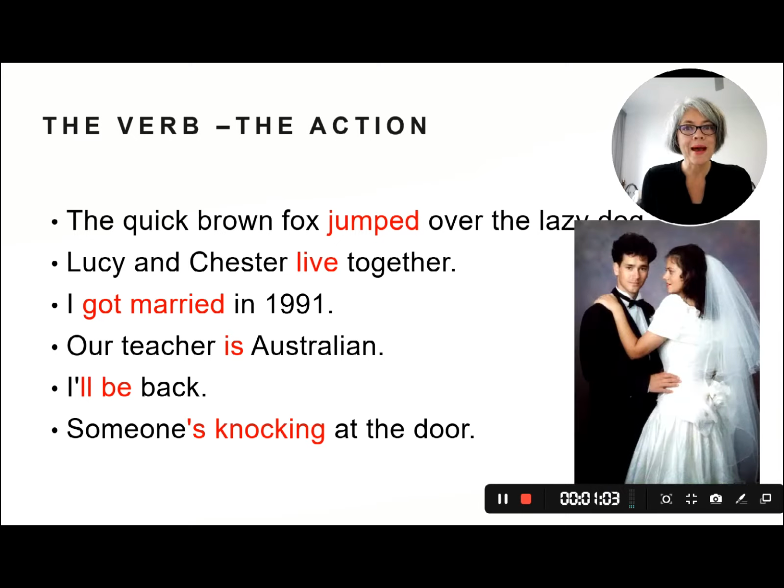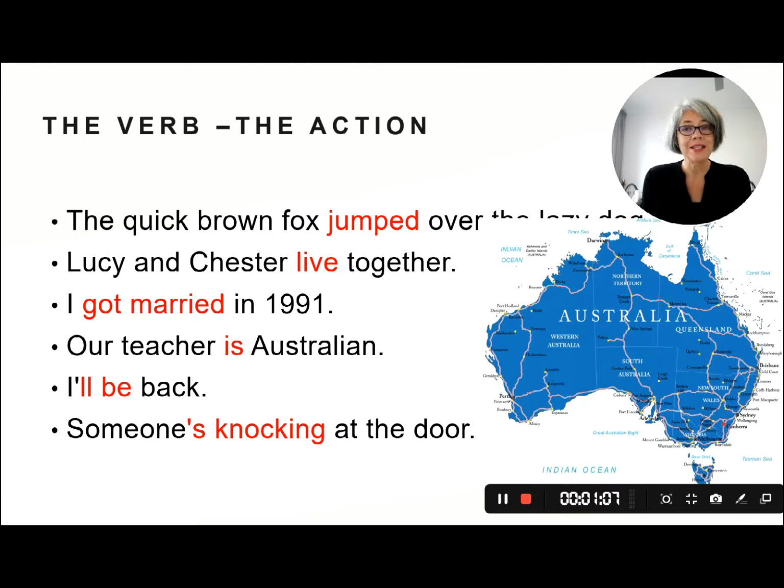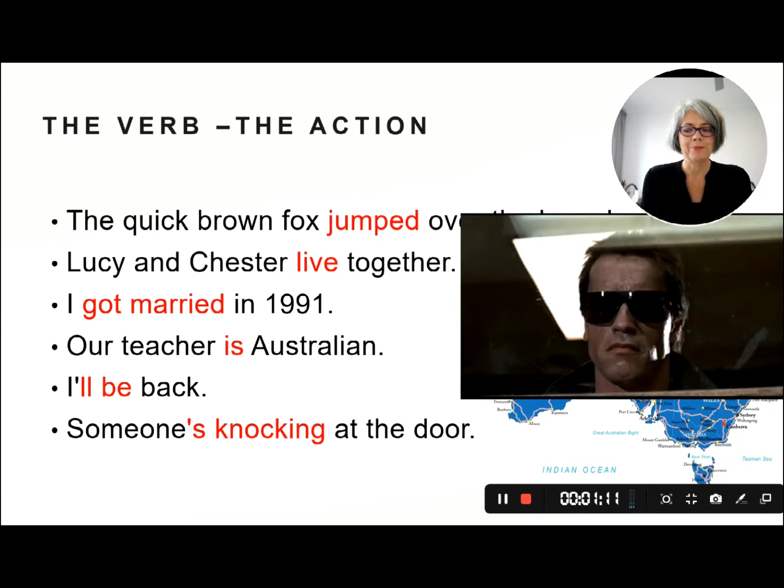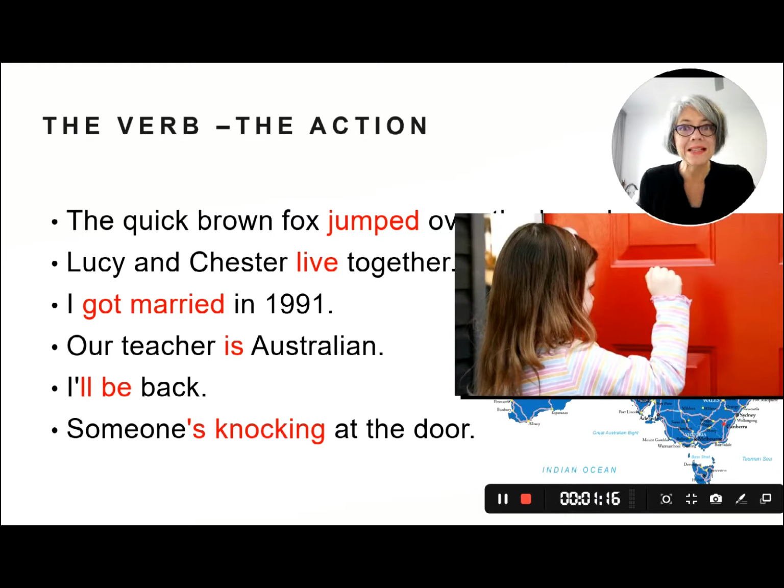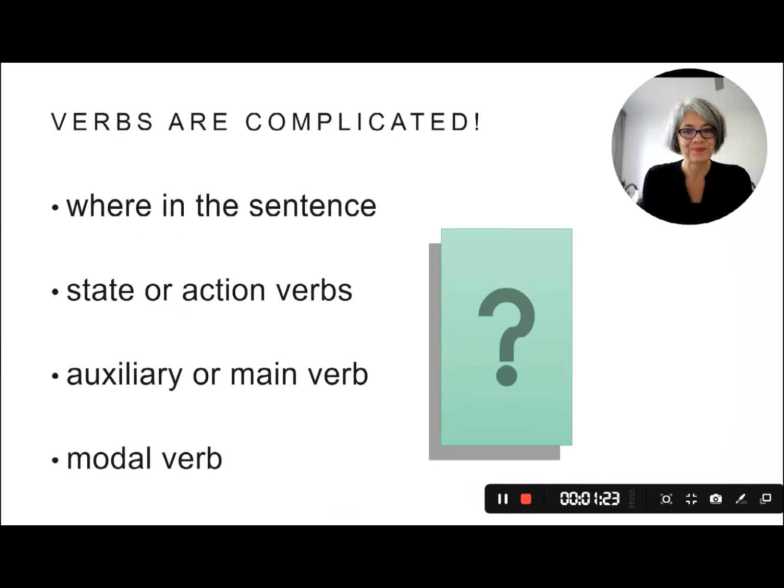I got married in 1991. Our teacher is Australian. I'll be back. Someone is knocking, someone's knocking at the door. So all of those words in red are the verbs.